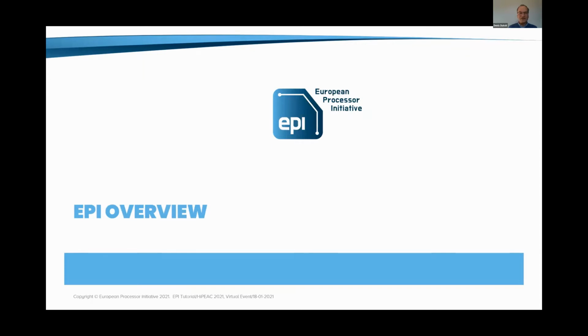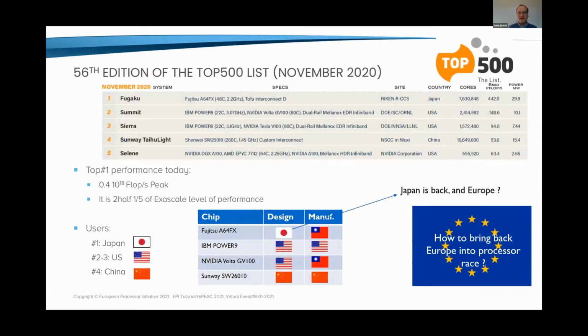For the EPI overview, each time we have this tutorial, I present these slides, which show the state of the first, or most performing, supercomputers in the world. This list has been updated last November.